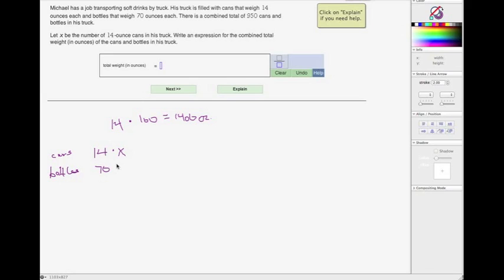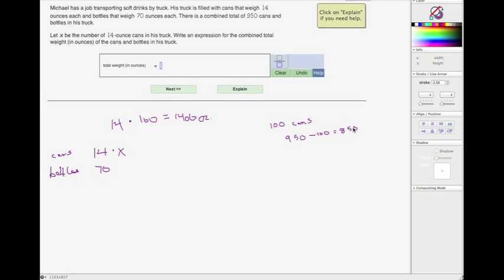How many bottles are there? We don't know, but we know that altogether there are 950 cans and bottles. Pretend again that there was 100 cans. How many bottles would there be? Well, we would subtract 100 from 950 to figure that out. So we would say 950 altogether minus 100 equals 850.